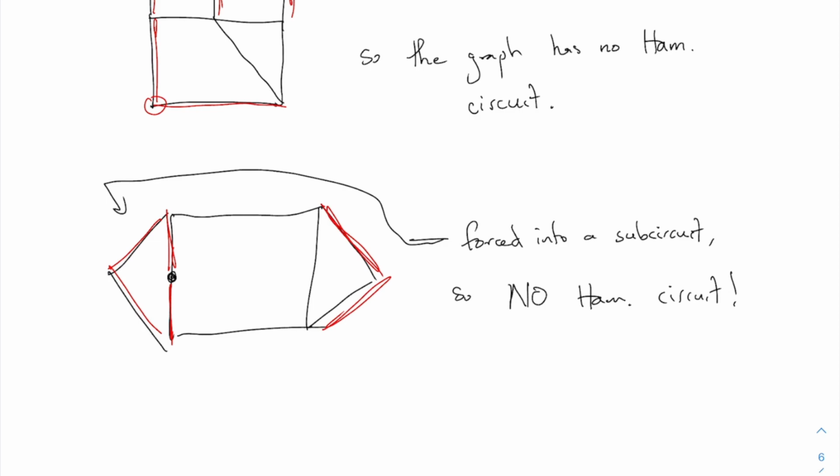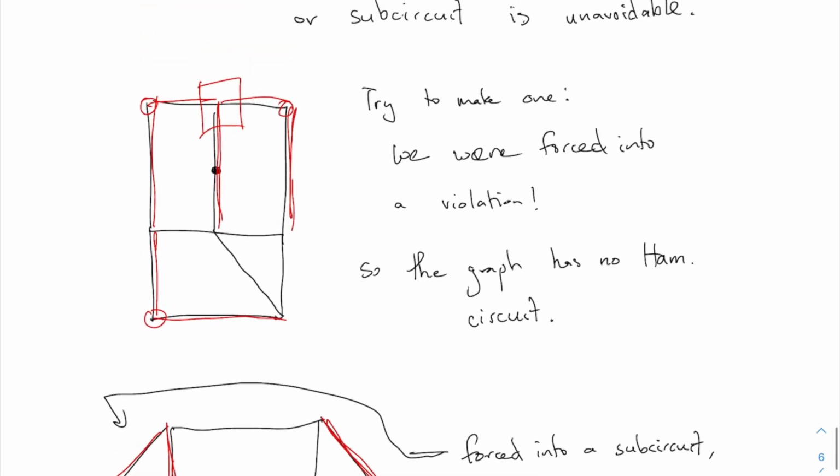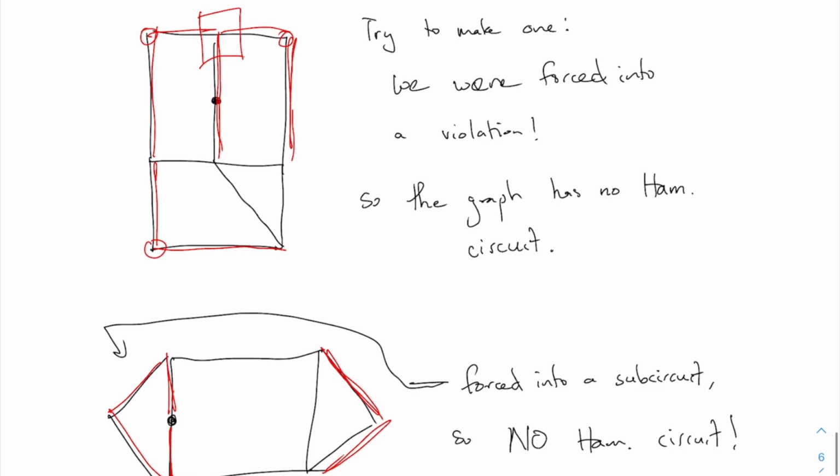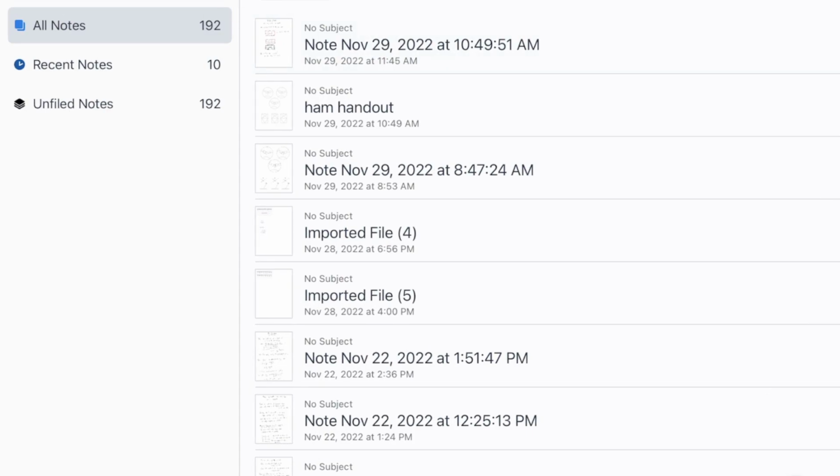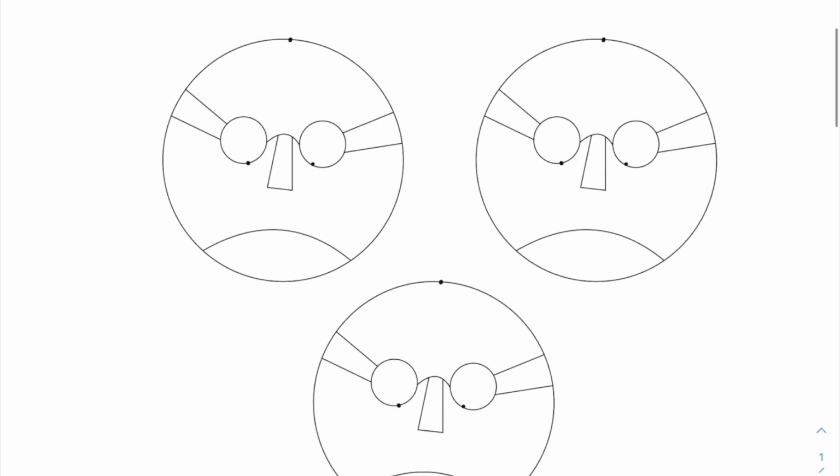All right. So anyway, this is how you show there is no Hamilton circuit. You do the same old steps, but you end up being forced into a violation, and that means there cannot be a Hamilton circuit. Okay, let's look at the one on the paper then. Let's do the face guy all together, and then I'll let you guys try the other ones, and I'll walk around and see how you're doing. So with the face guy, like I said, I gave you a few copies just in case you mess it up.